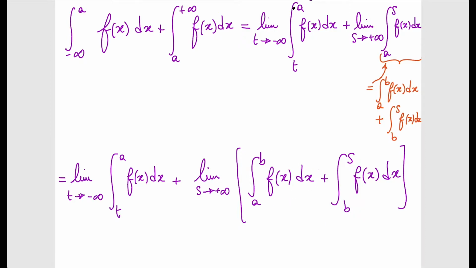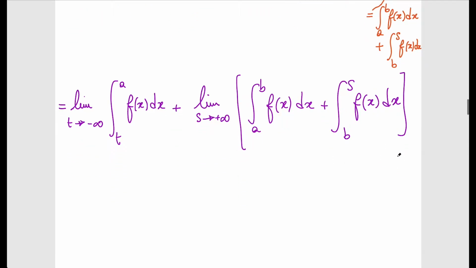And this entity here is independent of s, right? This entity has nothing to do with s. So I can split the limit. The limit of that is itself, since it's a constant with respect to s. And then plus the limit of the other integral, right?